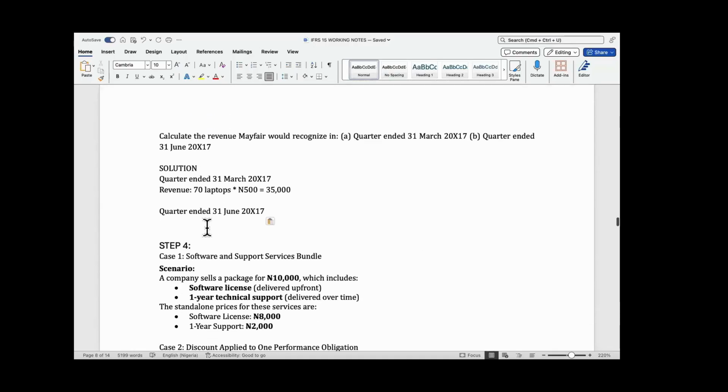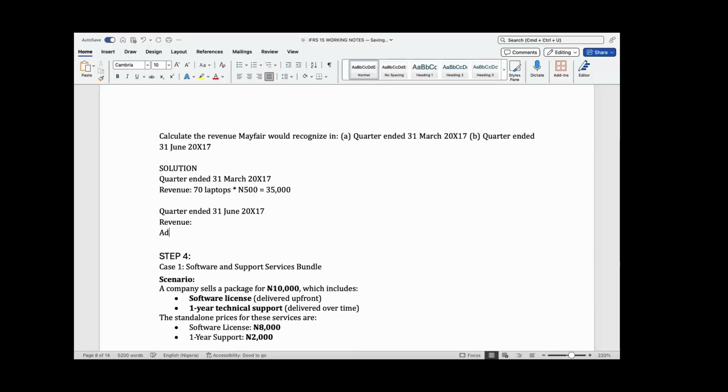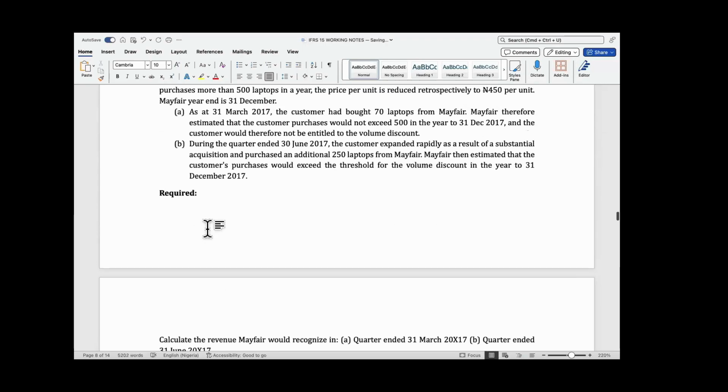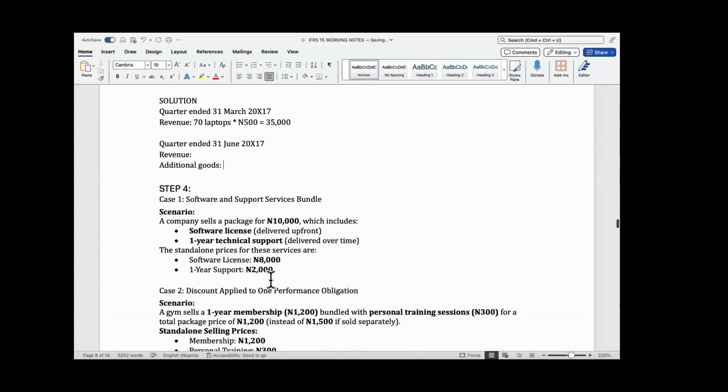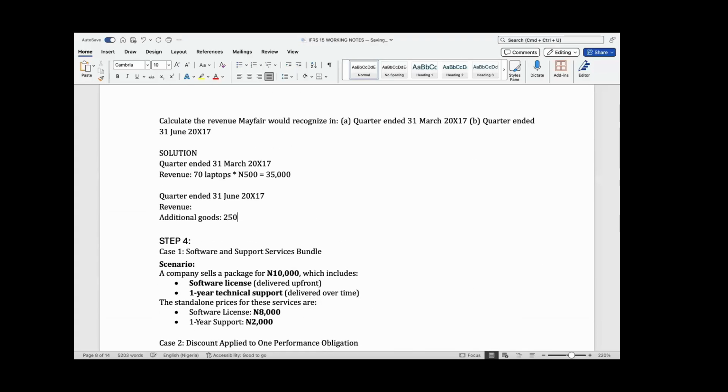So first, the revenue we recognize is on the additional goods he's buying. How much is he buying additionally? 250. Remember, we are going to sell those 250 laptops at 450 naira to him.